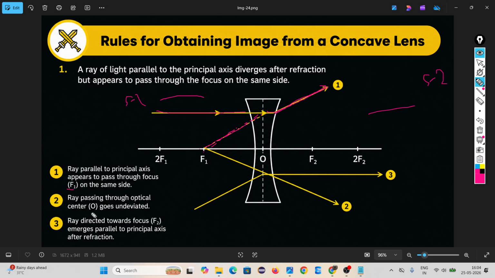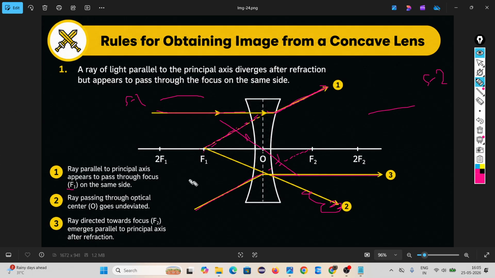A ray passing through the optical center goes undeviated. Look, rule number two. Ray passing through the optical center remains undeviated, meaning no change. And a ray directed towards focus F2 emerges parallel to the principal axis after refraction.